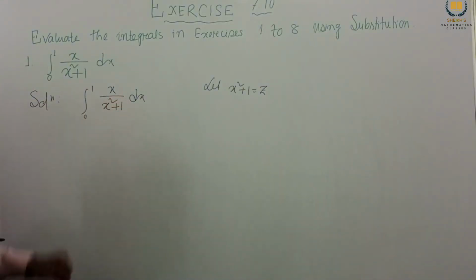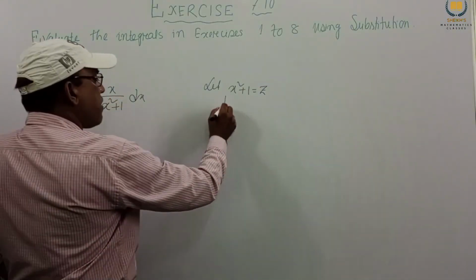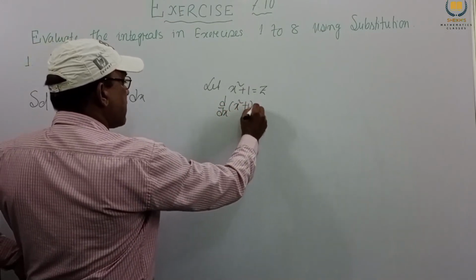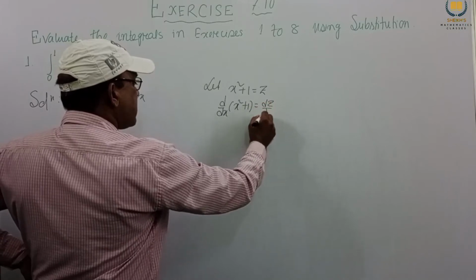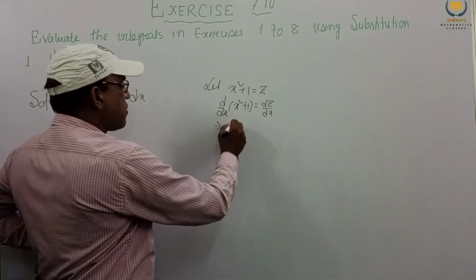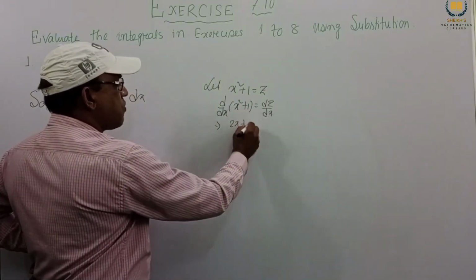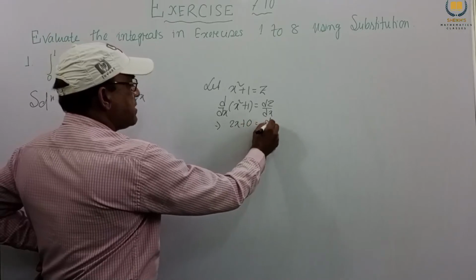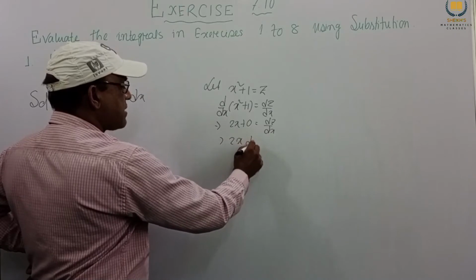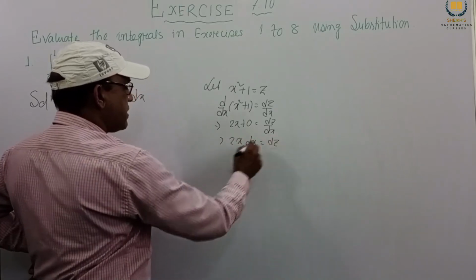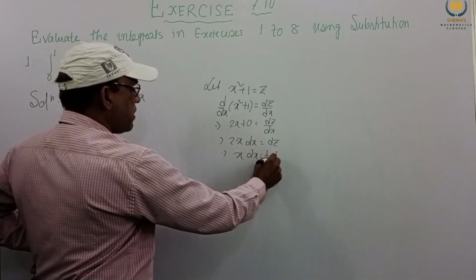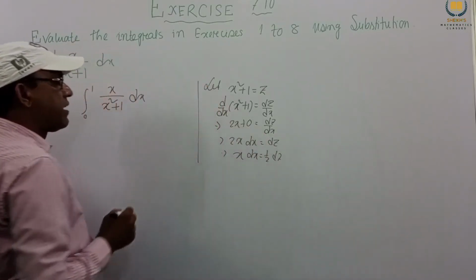Now differentiating both sides with respect to x, we get 2x dx plus 0 equals dz, so 2x dx equals dz, and x dx equals 1 by 2 dz. So we get this one.